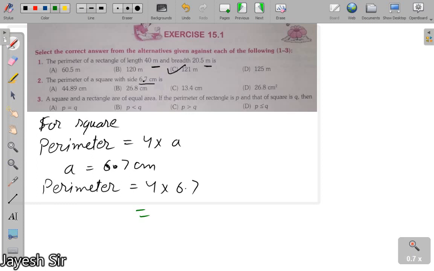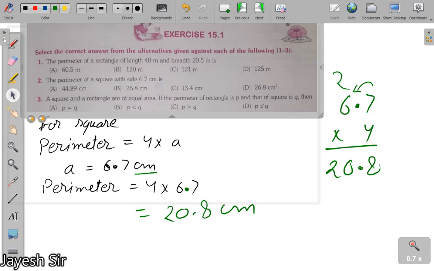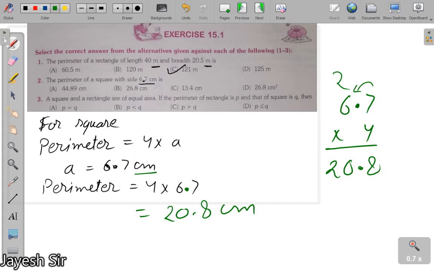So perimeter is equal to 4 into 6.7. 7 fours are 28, 4 sixes are 24, plus 2 is 26, and there was a decimal after one digit, so we place the decimal here. This is 26.8 centimeter. So your answer is B1.